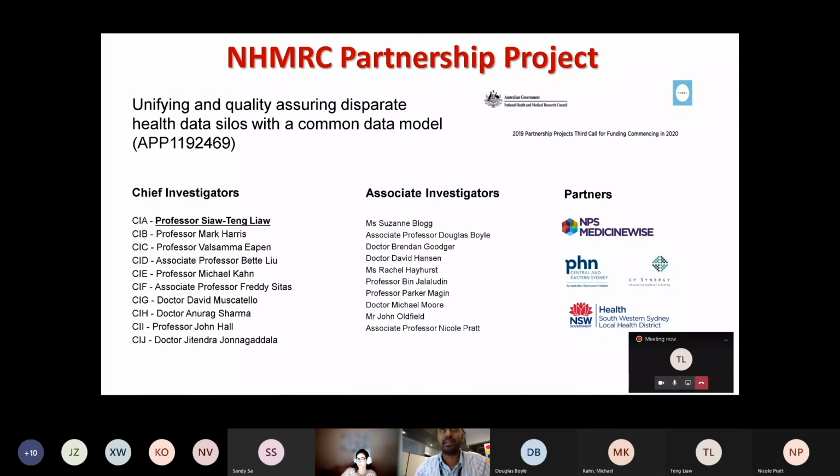We want to evaluate some of our hypotheses using the Medicine Insight database, a very large primary care database which includes more than 700 general practitioners. It's a very good national representative sample of GPs in Australia. In addition to NPS, we have Central and Eastern Sydney PHN, GP Synergy, and the Western Sydney local health system.